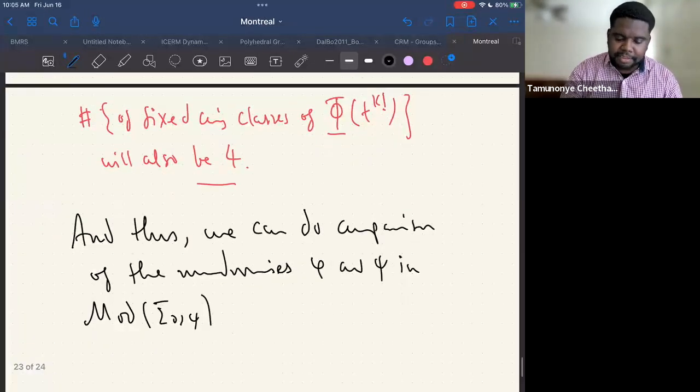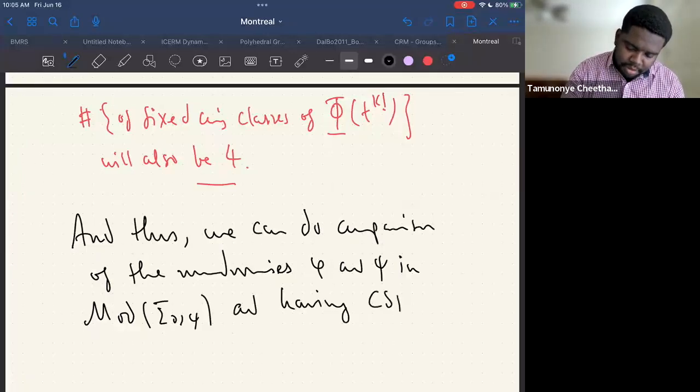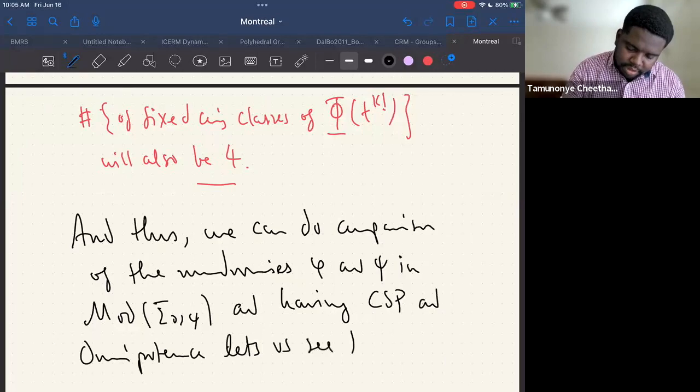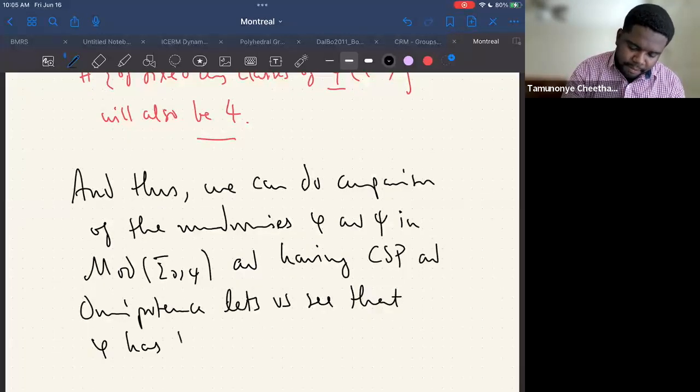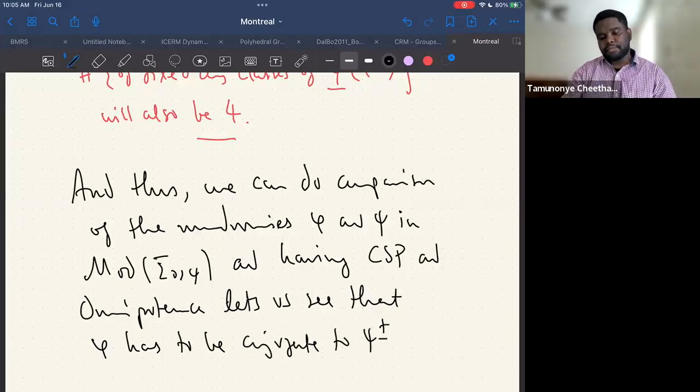And our old friends, CSP and omnipotence, let us see that phi has to be conjugate to psi plus or minus. And the only way that can happen is for the bundles to actually be the same.